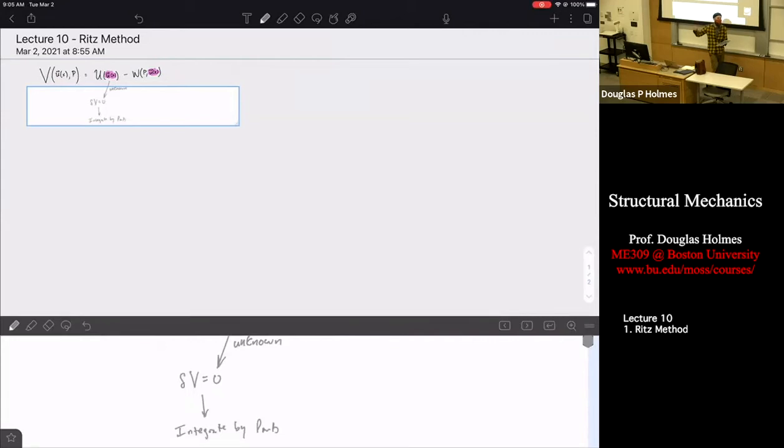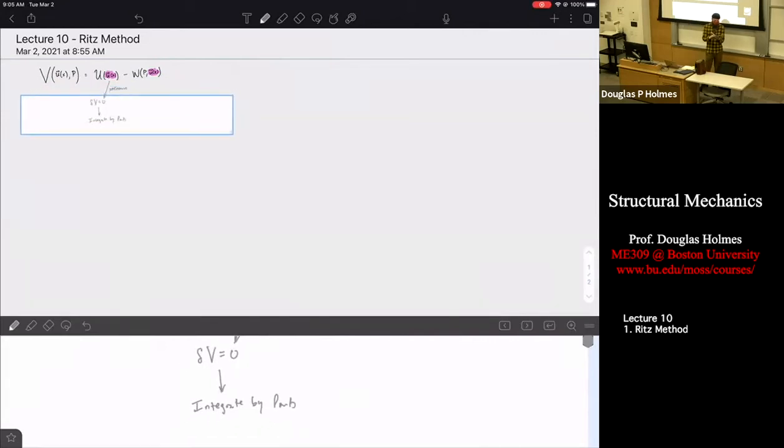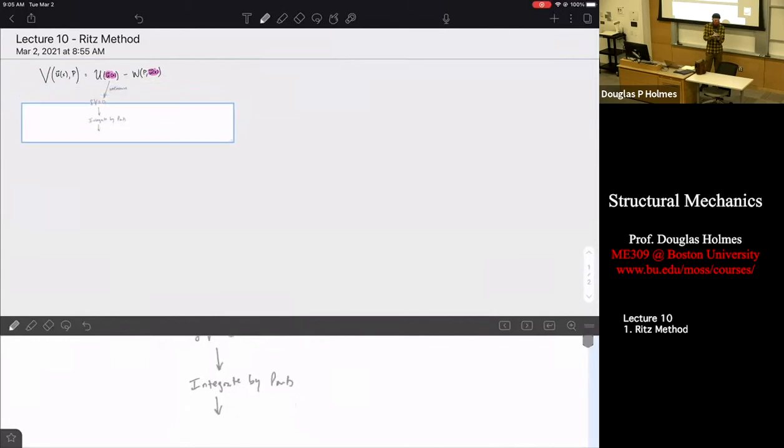That gets rid of all of our pesky derivatives of our variations. The end result is a differential equation for that unknown vector.